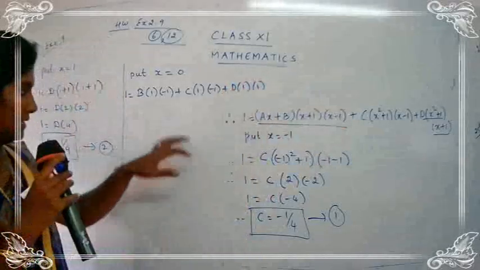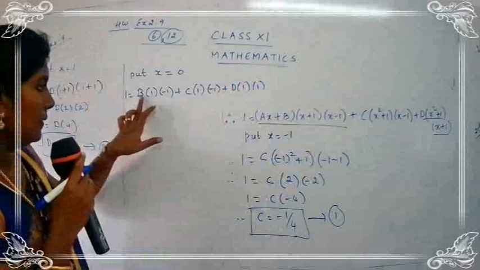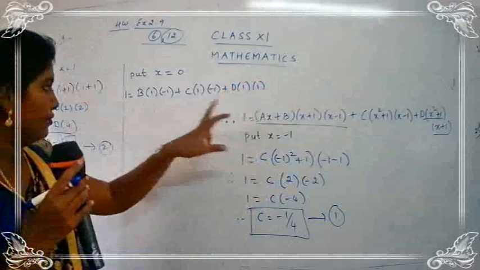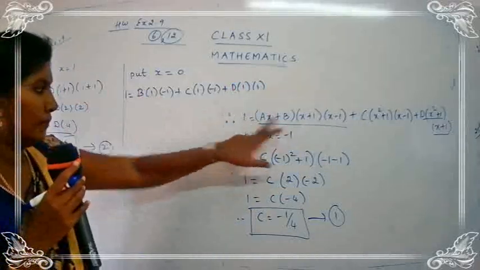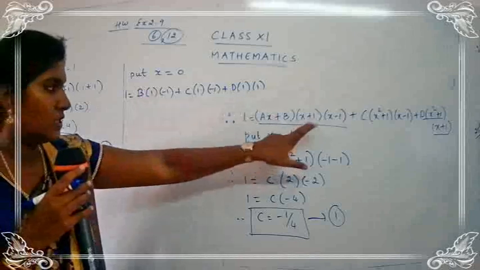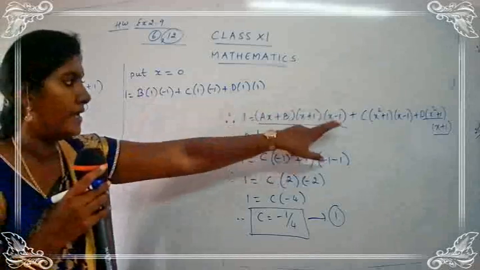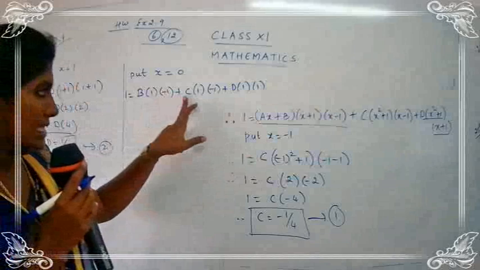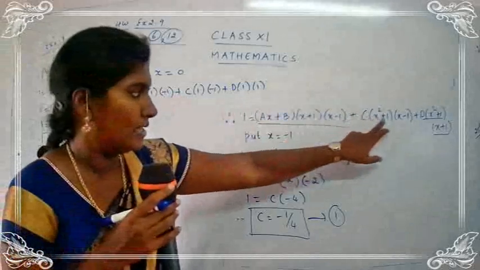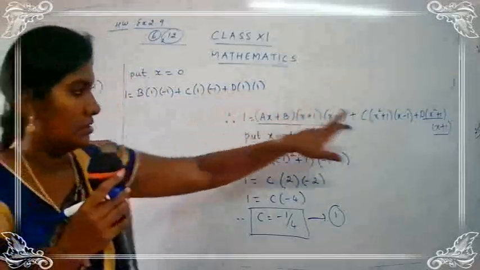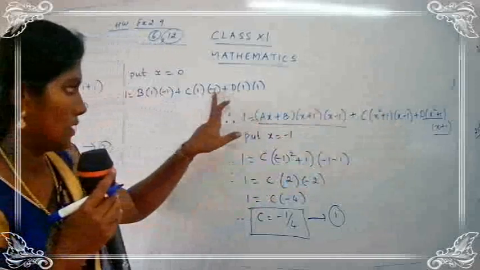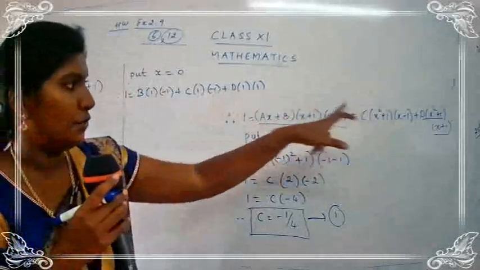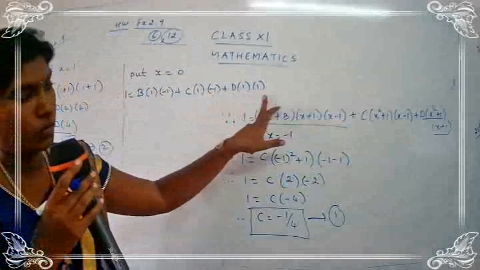Are you clear children? See here. 1 as it is, a into 0, 0, so 0 plus b. So b here, 0 plus 1, 1, 0 minus 1, minus 1, c, 0 plus 1, 1, 0 minus 1, minus 1, d, 0 plus 1, 1 and 0 plus 1, 1.